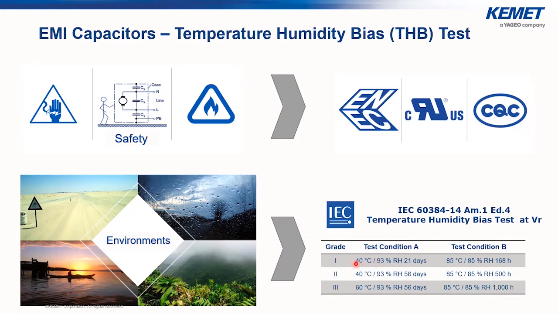And the easiest, or less stressful, test is the grade 1A. In this case, the capacitor must handle 40 degrees, 93% of relative humidity for 21 days at the rated voltage.